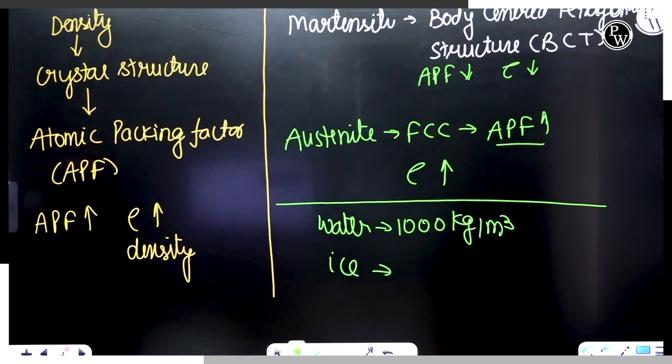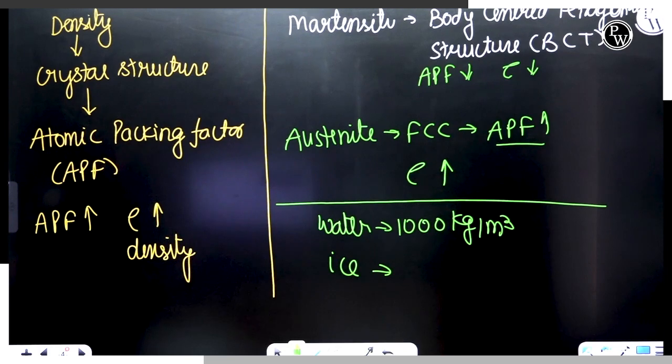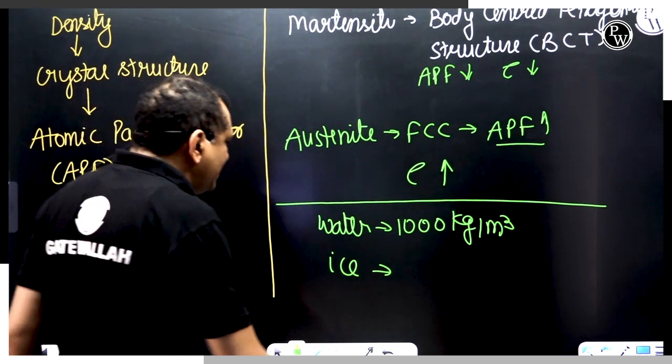It is approximately 918 kilograms per meter cube.